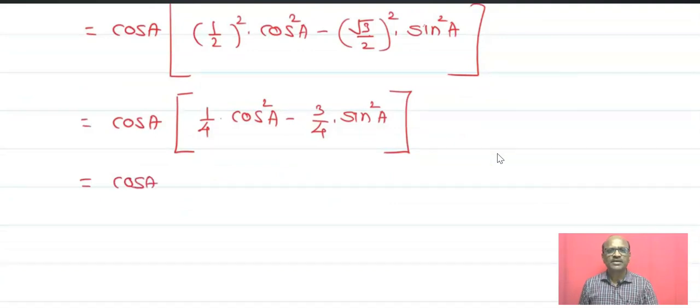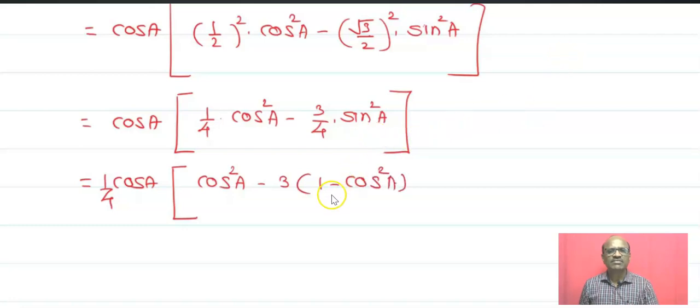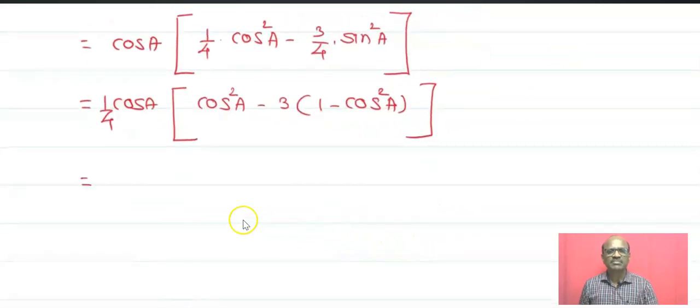That is cos of A, take 1 by 4 as common. Then in bracket you will get cos square A minus 3 sin square A. But what is the value of sin square A? It is 1 minus cos square A, bracket complete.